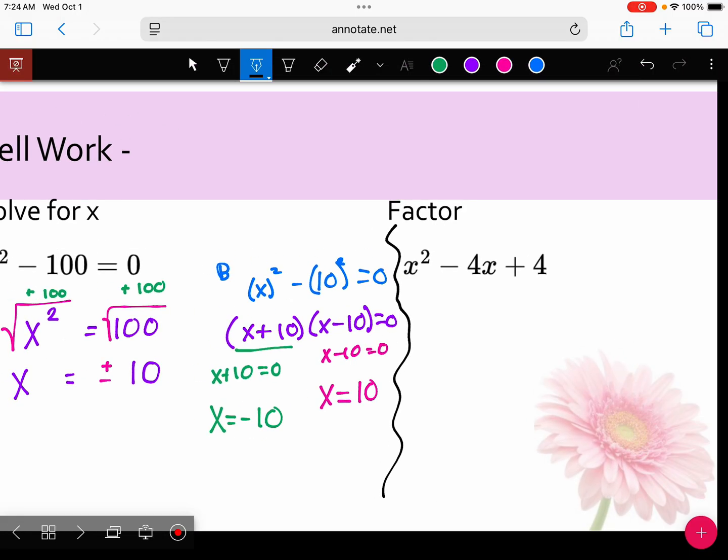I saw a lot more attempts on this factoring problem than on that first one. So what do we get as our factors once we've done this one? What was your answer? Because I saw a lot of people have it.